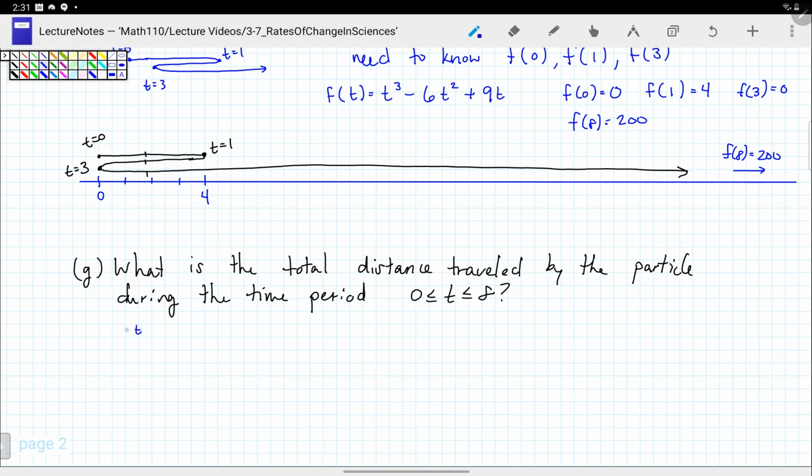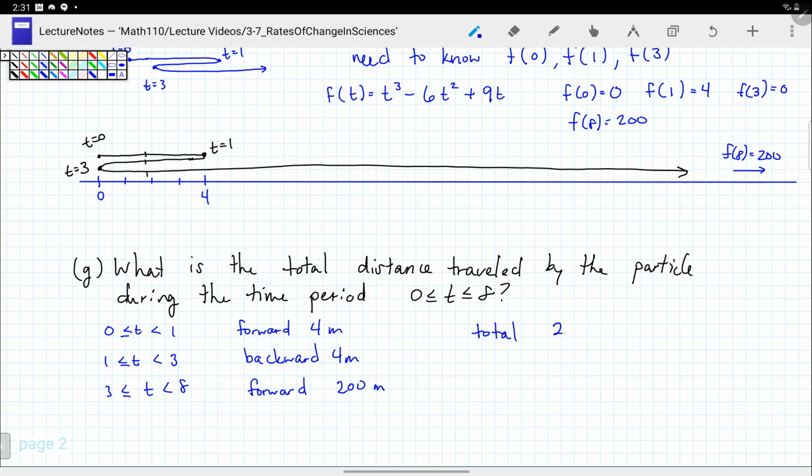So going from 0 to 1, we go forward 4 meters, and from t going from 1 to 3, we go backward 4 meters, and then from t equals 3 to 8, we're going to go forward 200 meters.